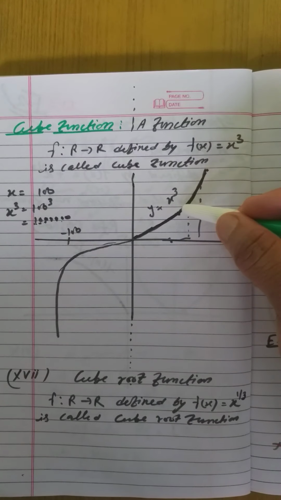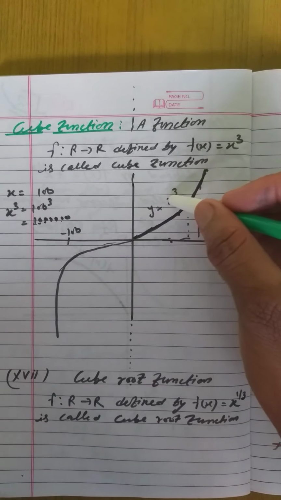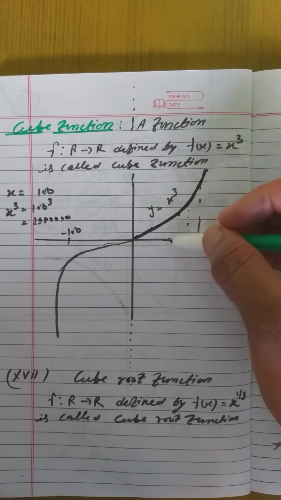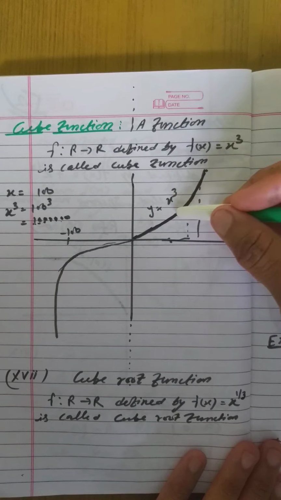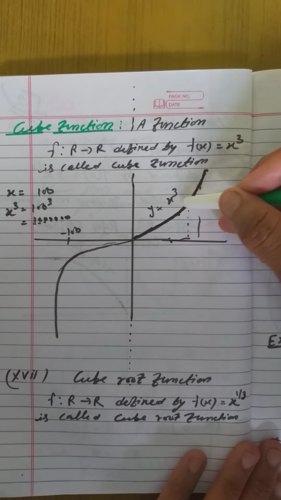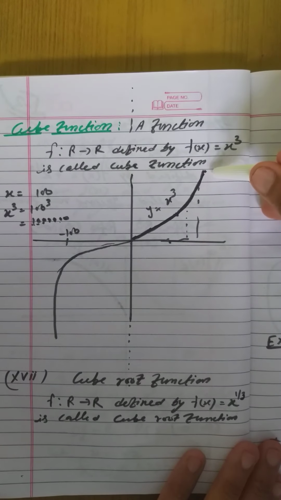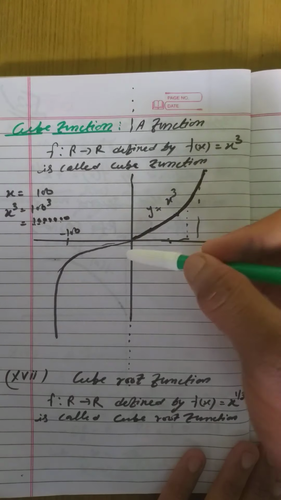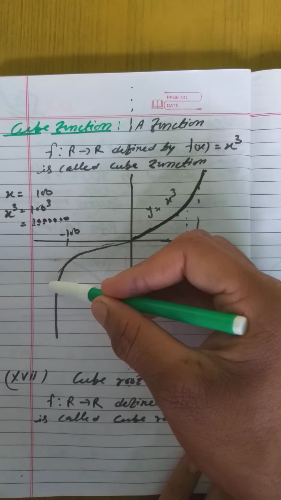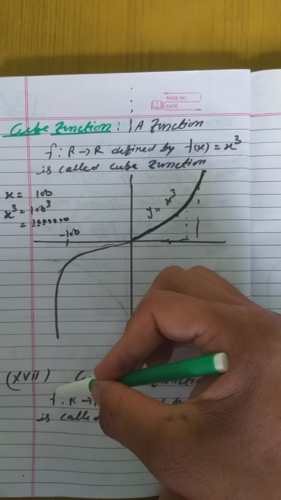Means if you increase the value of x slightly, there will be more and more change in the value of y. Right? So the graph of the function will be like this. Same way for the negative value of x, the graph will be like that.